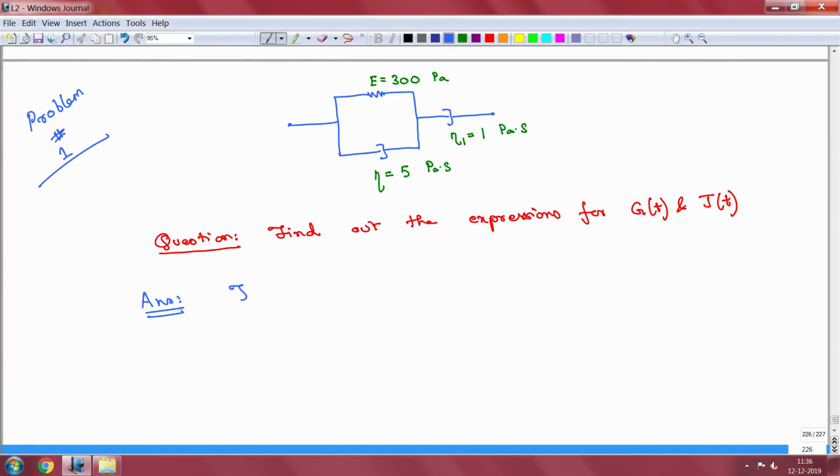So, the constitutive relationship for the Jeffreys element is already well known and we have derived it earlier.